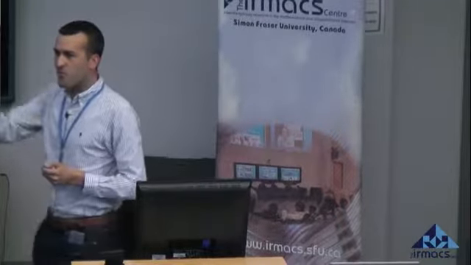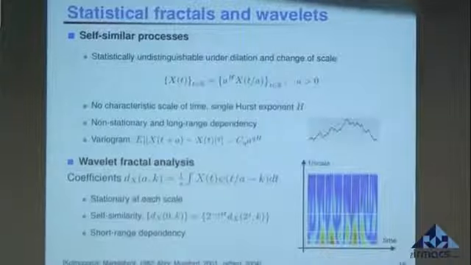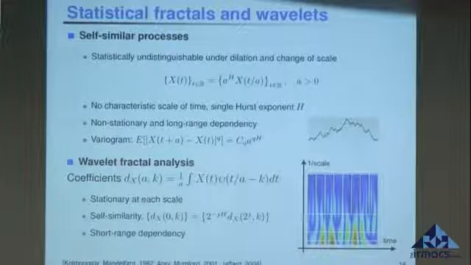Now the right tool to analyze this type of signal is the wavelet transform. By nature, the wavelet transform uses a mother wavelet that you dilate and shift to analyze your signal. So the wavelet transform has this scale invariance built in as a design principle of the representation.